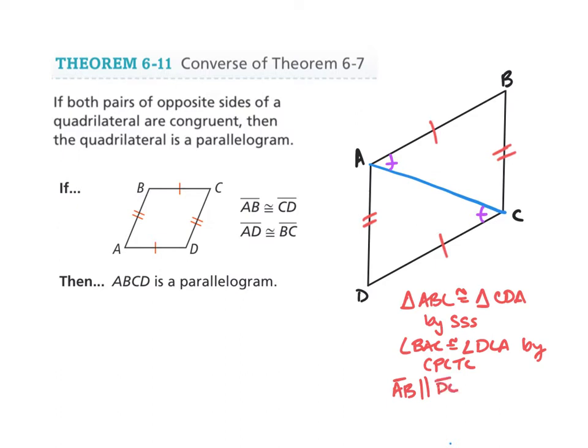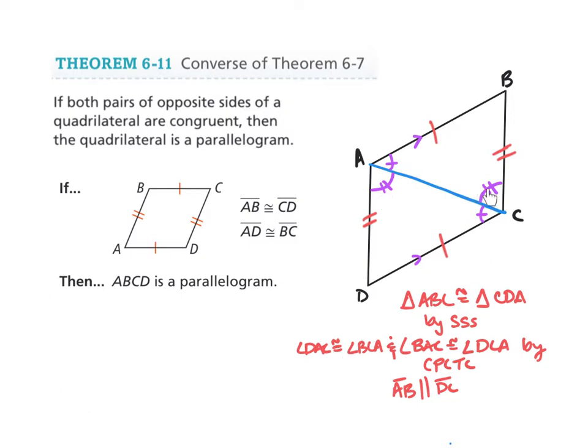All right, so we've proven now that one of our sets of opposite sides are parallel, but we can actually go ahead and use the same reasoning. We can say that this angle here and this angle here are also congruent by CPCTC. So I'm actually going to add to my statement. I'm going to say angle DAC is congruent to angle BCA, and the other two angles are congruent because of CPCTC.